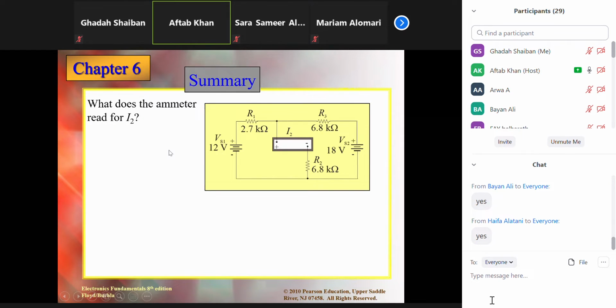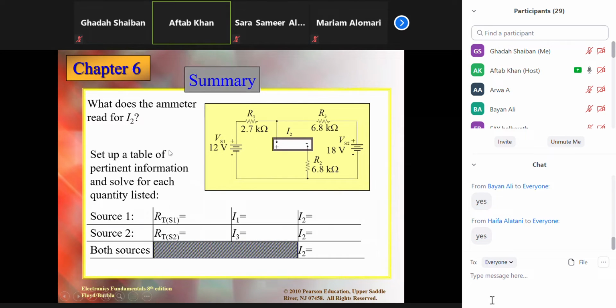Okay, so we will calculate this one, and what we are going to do, we will consider one source at a time. So let's suppose we are considering this one. So this is going to be short now. Okay, now after that you need to calculate RTS1. So calculate this one, girls. The RTS1 formula is clear to you already, how they are connected.